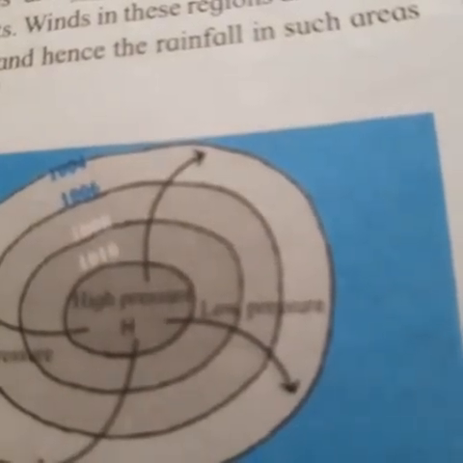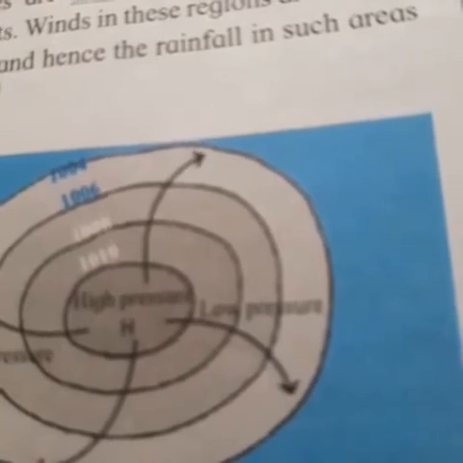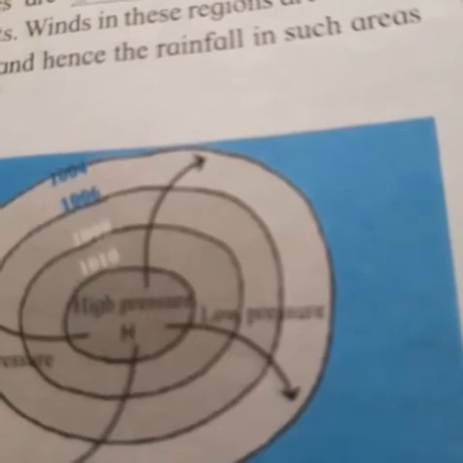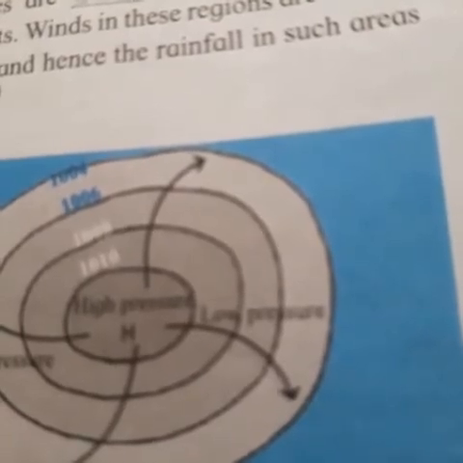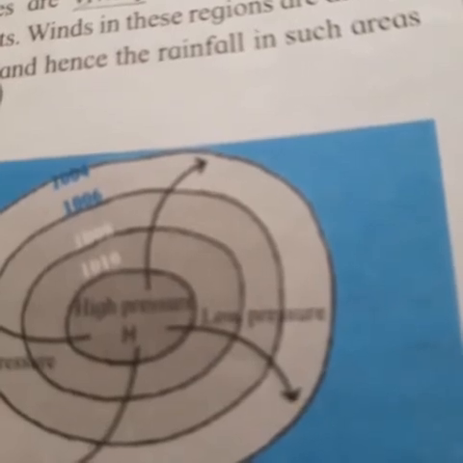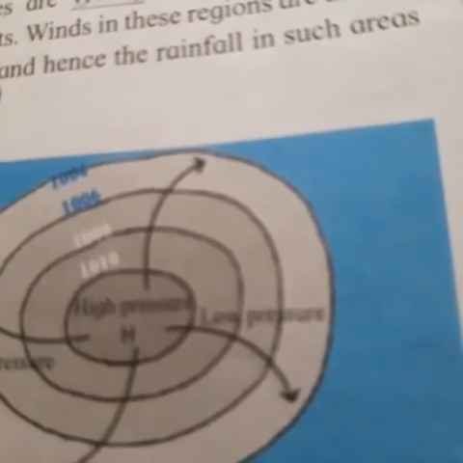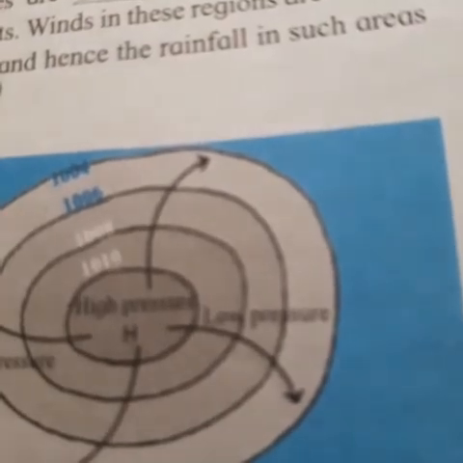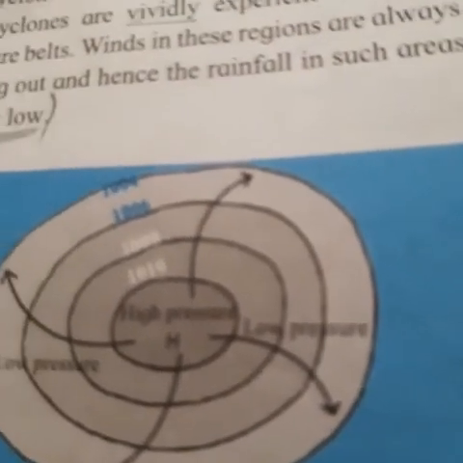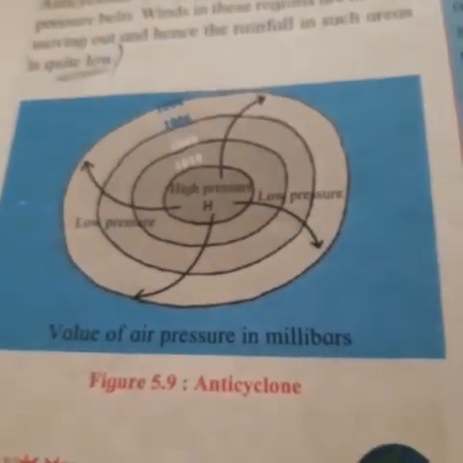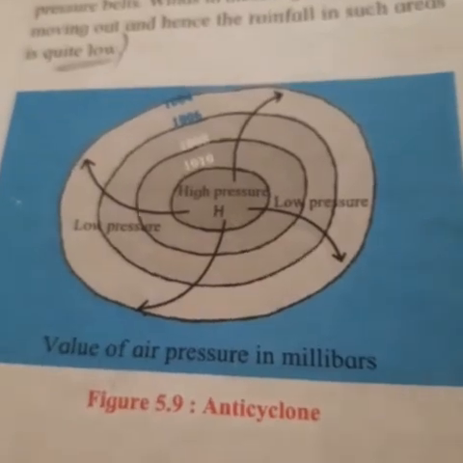So in the northern hemisphere these winds blow in a clockwise direction, and in the southern hemisphere they blow in an anti-clockwise direction, and this time the skies are clear, it is pleasant and the weather is good. So it generally lasts for a few days or a week. Okay, so this is how it is explained in this anticyclone paragraph.